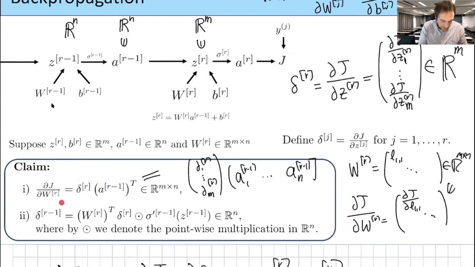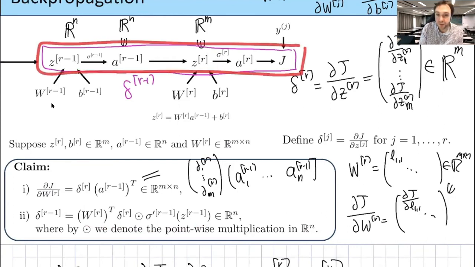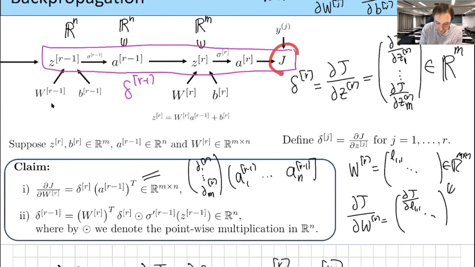In each step, these deltas can be calculated by this formula, which is a similar idea. So, for example, this here would be what I denote delta^(r-1). So every time I mark something like this, I mean the derivative of the start point with respect to the end point.